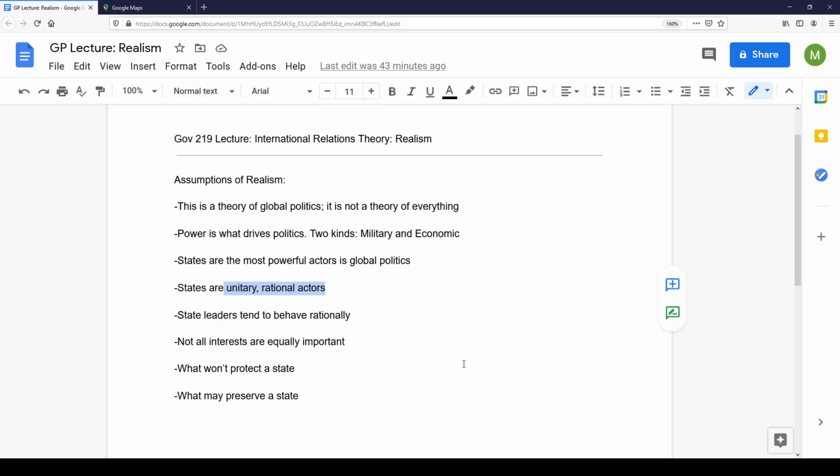Rational actors. All right. So this is the second half of the point that's highlighted, and it also relates to the point below it. It is a bit more fun to do this live and ask people to come up with their definition of rationality.